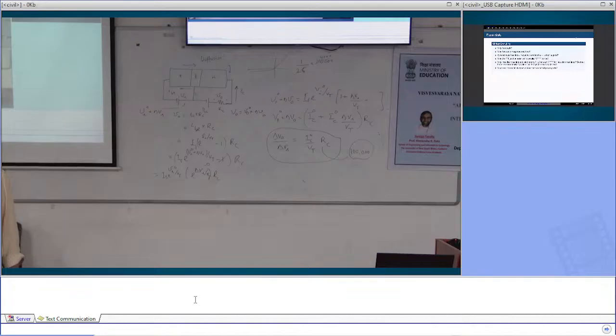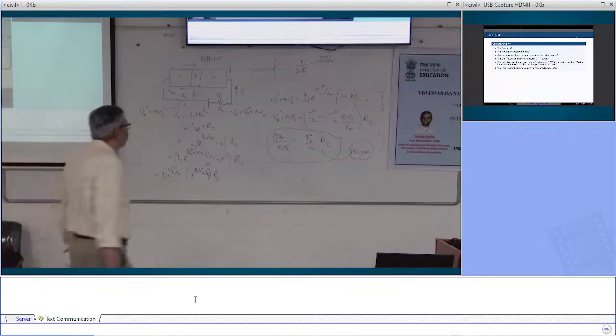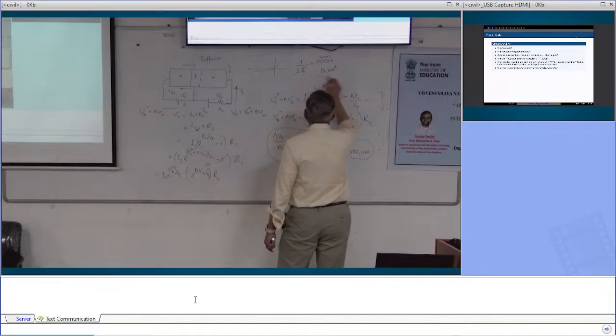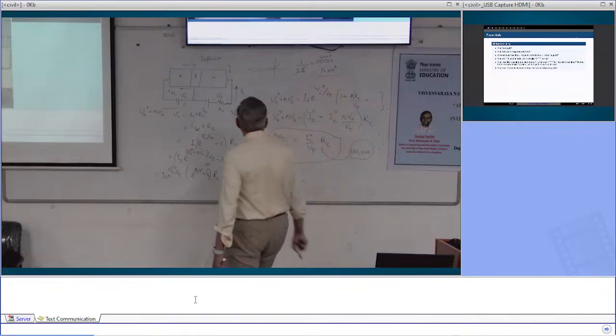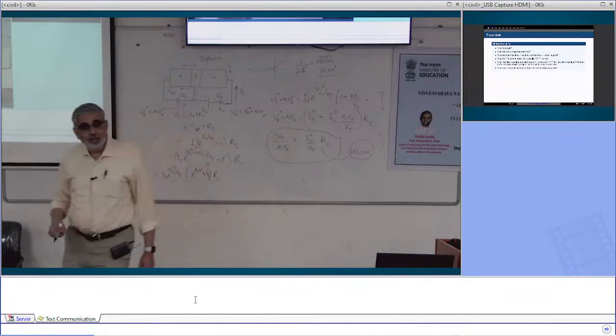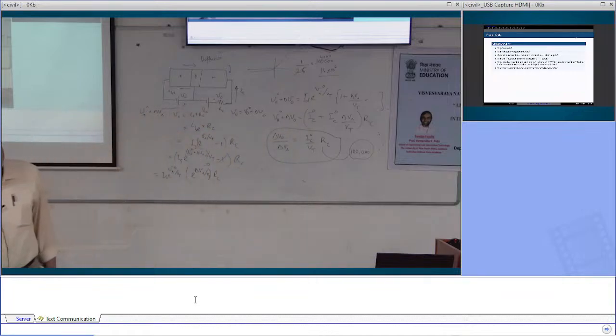And because of that, if you put 2 or 3 together, suppose I got 4,000, 2 of them together is 16 times 10 to the power 6, 16 million. Right? 4,000, 2 of them you put together, you get a huge gain. Just 2 amplifiers.